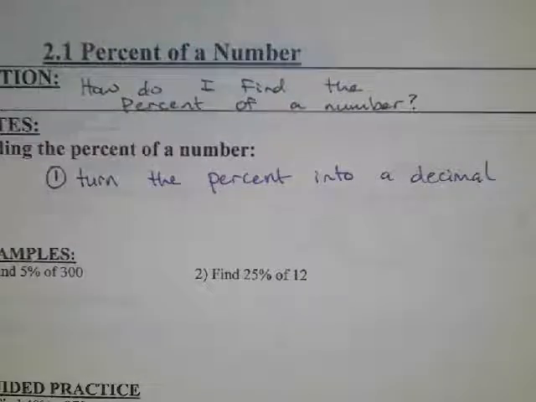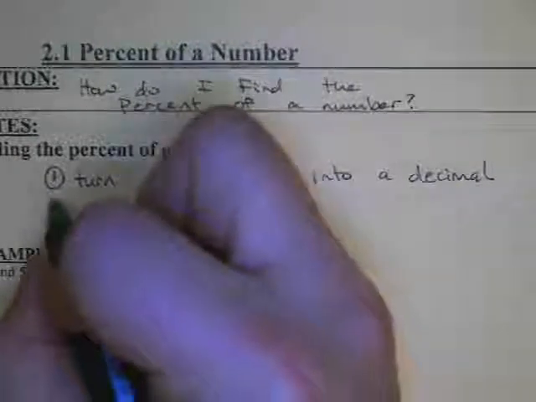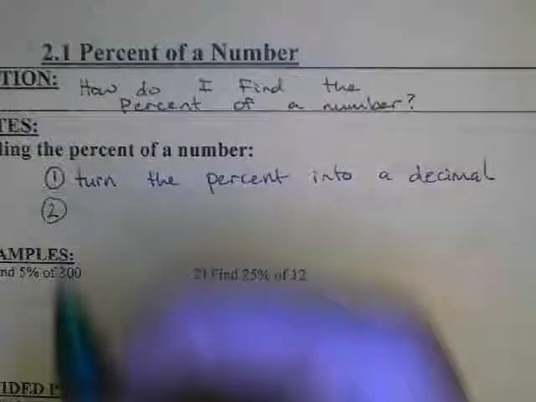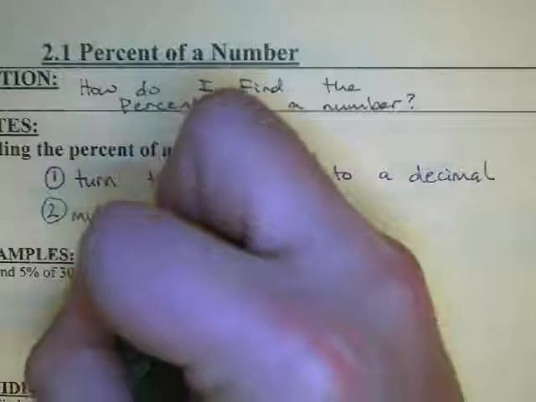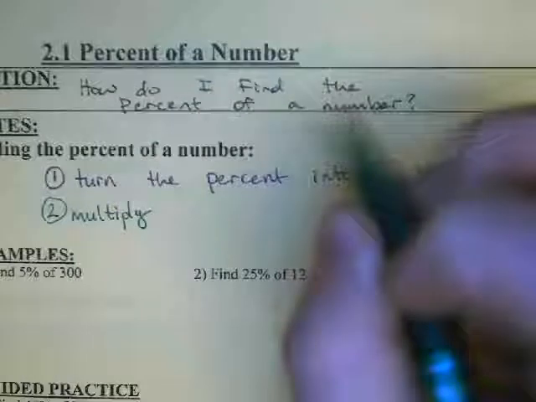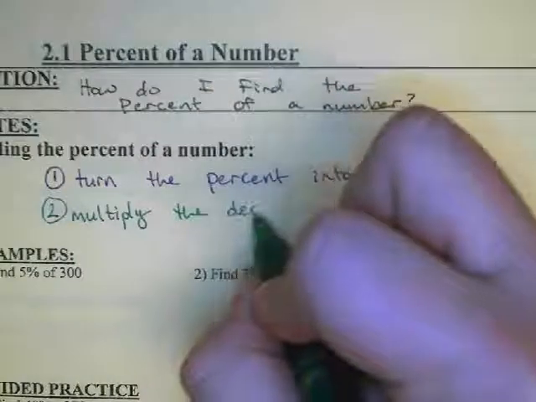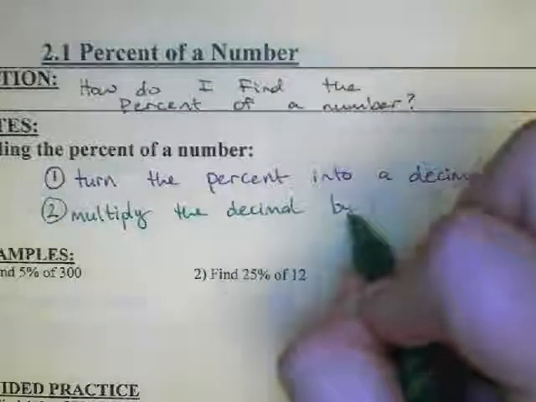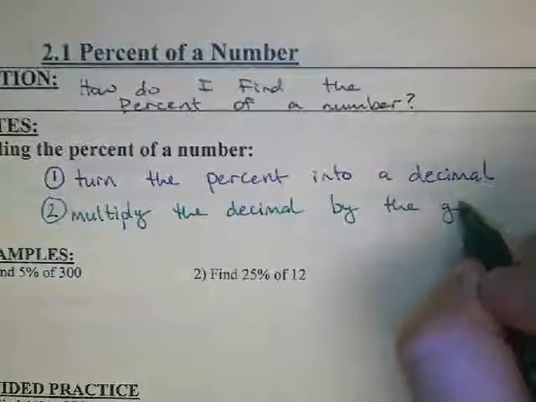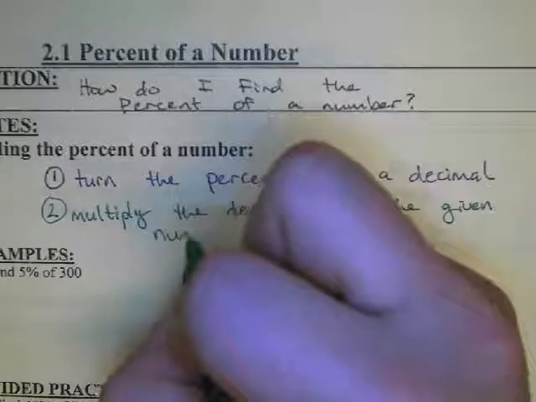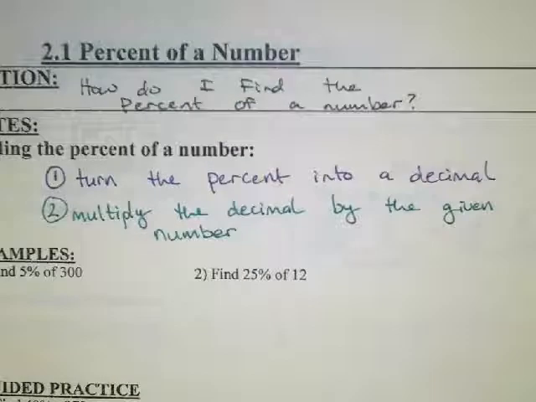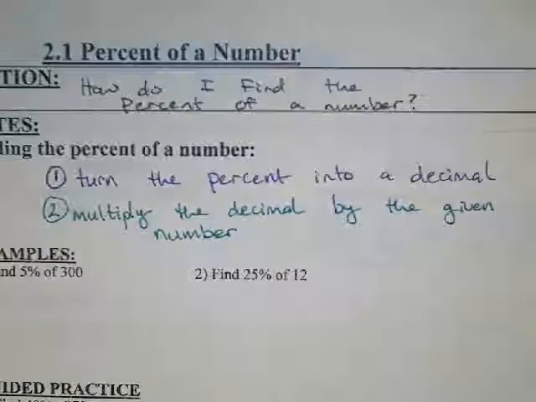Step two is multiply the decimal by the given number. So we'll turn the percent into a decimal, and then we'll take that decimal and we'll multiply it by the given number. So let's try that.